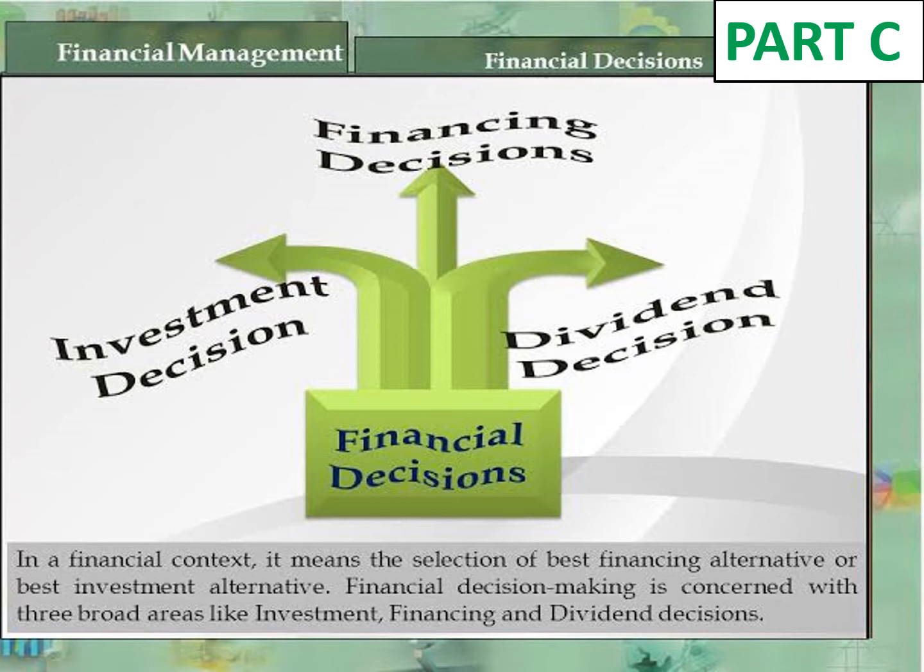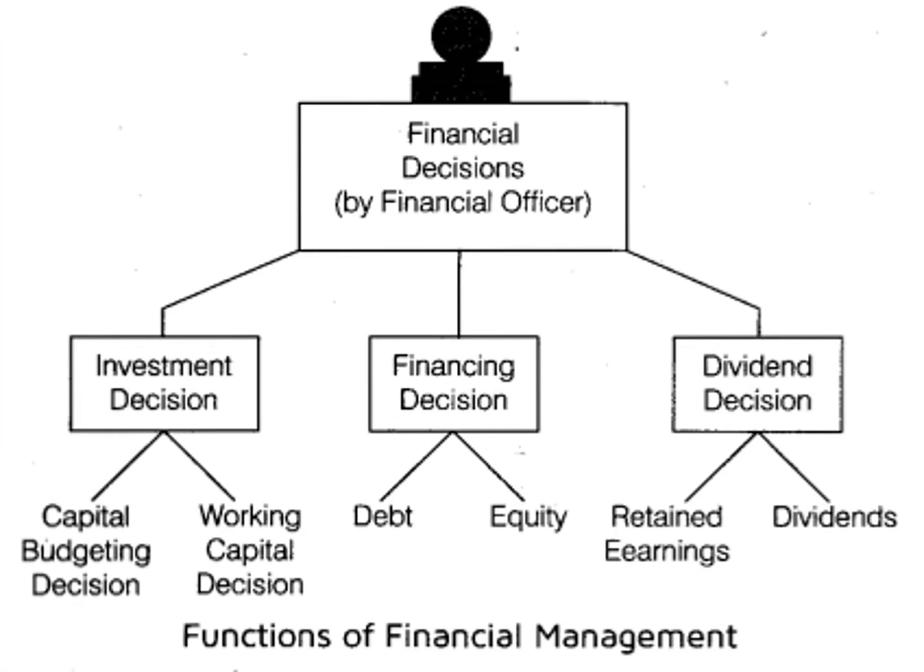Now, if we see, as a finance officer, somewhere or other you are involved with either of the three. First, when it comes to investment, what type of investment, where you want to put up? Long term, that is capital budgeting, or day-to-day working in terms of short term, that is working capital requirement.